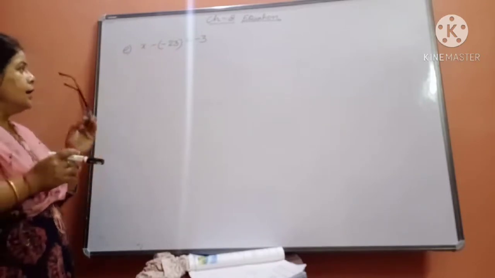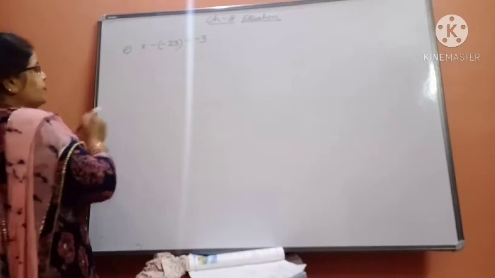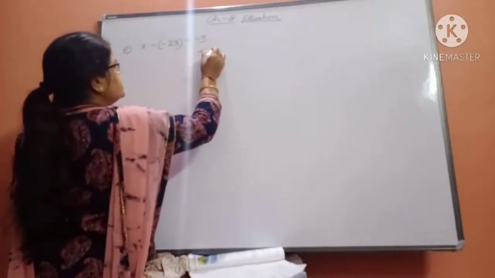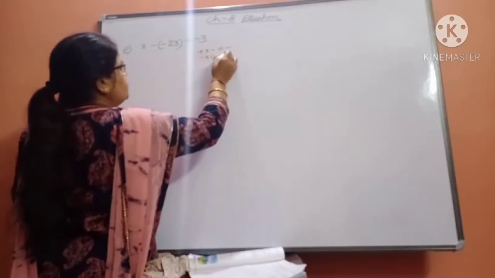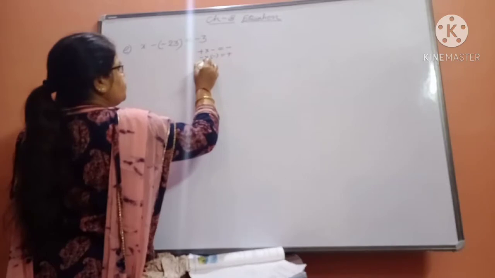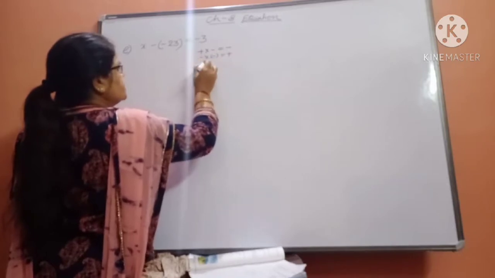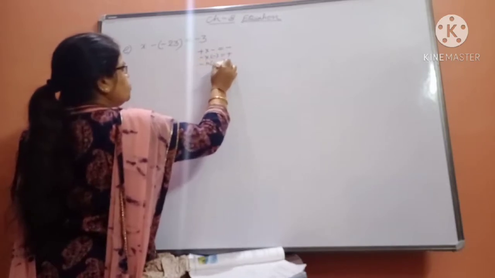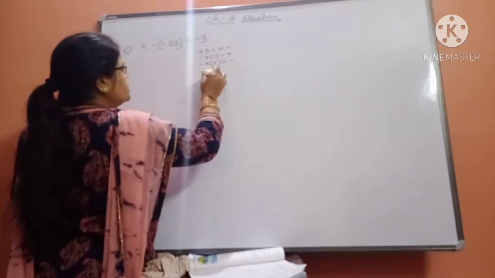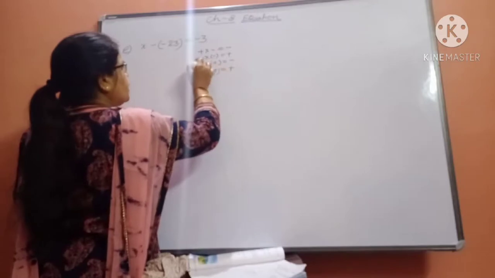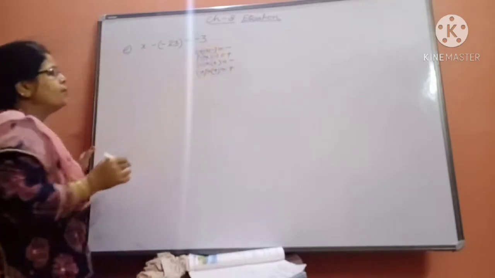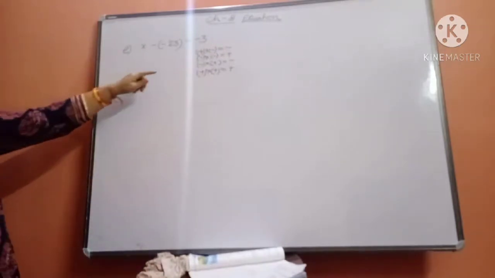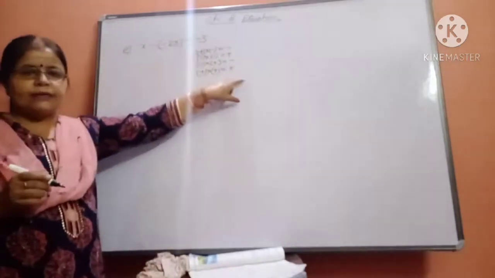I taught you that plus into minus is always minus, minus into plus is also minus, minus into minus is always plus, and plus into plus is always plus. These rules I have given along with the chapter on integers. You just open them, and these rules will be applied for opening the brackets.